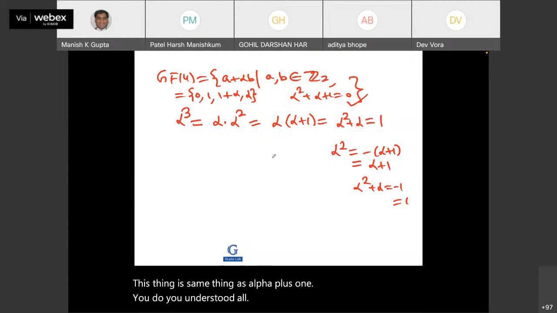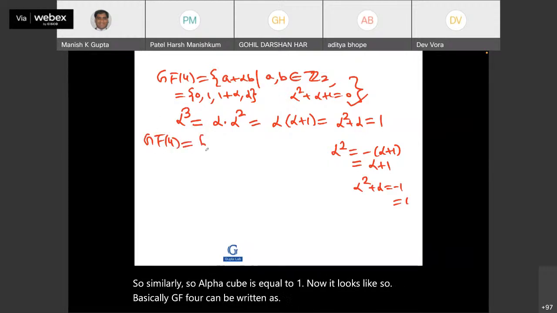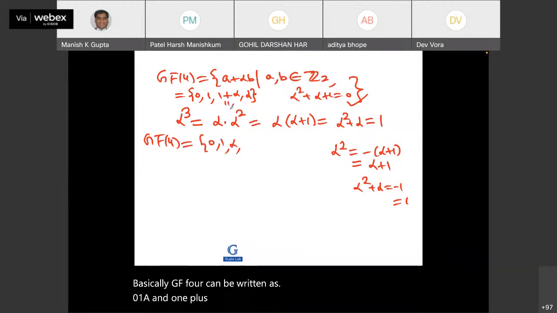Yes. So similarly, alpha cube is equal to 1. Now basically GF4 can be written as 0, 1, alpha, and 1 plus alpha, which we can say is alpha square, where alpha square plus alpha plus 1 is equal to 0.